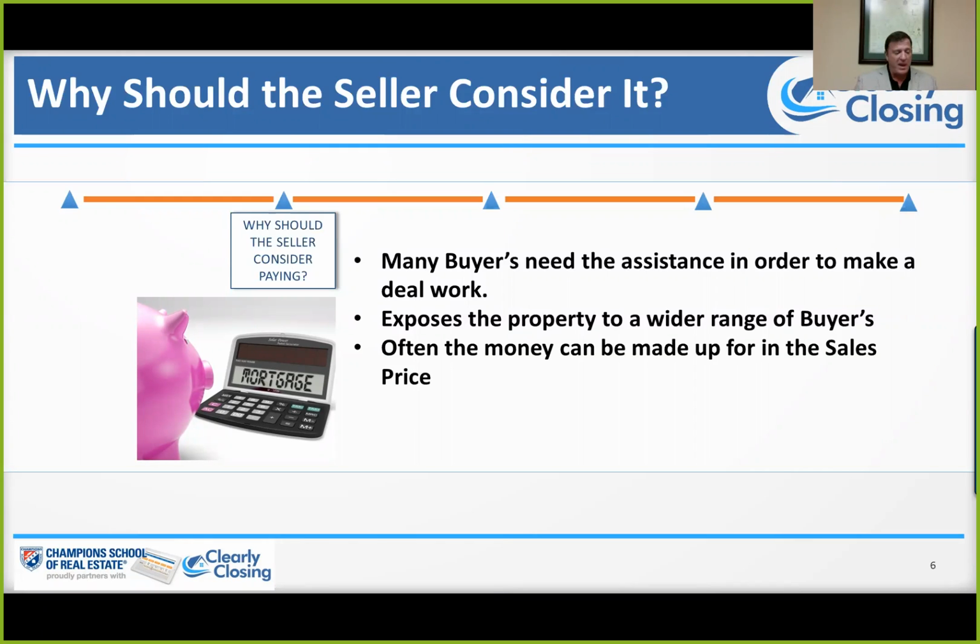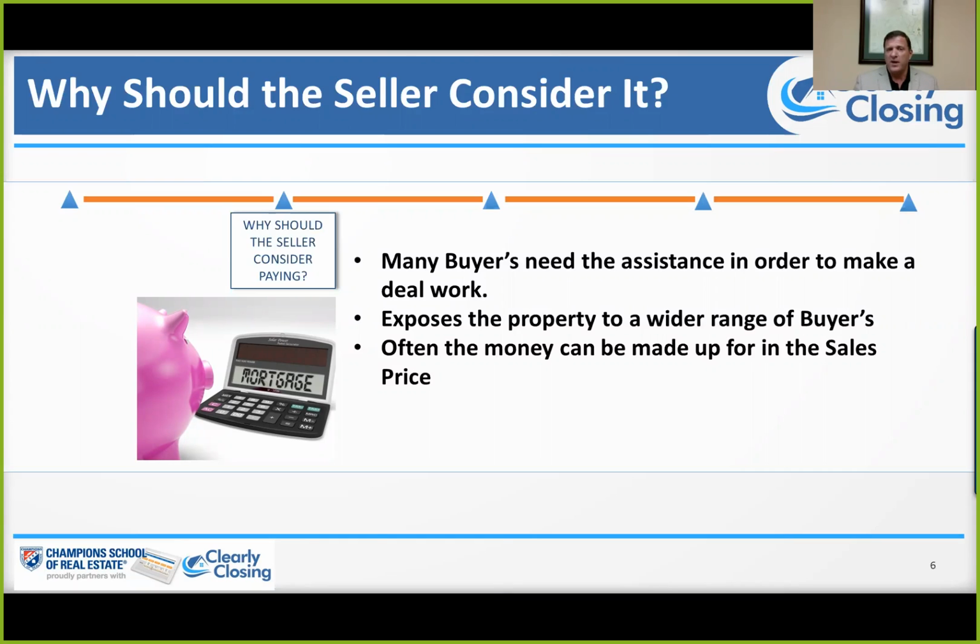The money that the seller pays on behalf of the buyer can often be made up for in the sales price. For instance, if the seller is paying, let's say, $5,000 in closing costs on behalf of the buyer, maybe we can negotiate a sales price that's $5,000 higher than they were willing to accept. So in essence, the seller's net can end up where they wanted it to end up, and the buyer gets what they want too.